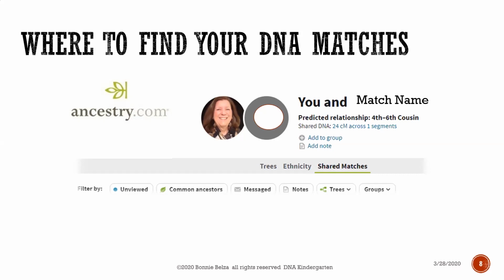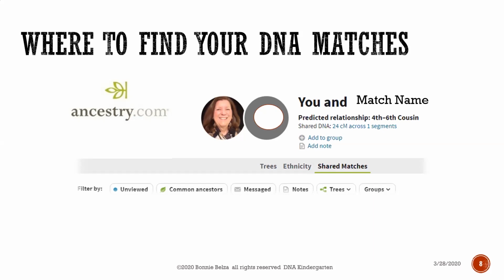And as we said before, you're still going to want to take the amount of shared DNA, in this case, 24 centimorgans, and plug that in to the shared centimorgan chart or the interactive chart on DNA Painter to get more accurately predicted relationships for you to explore.